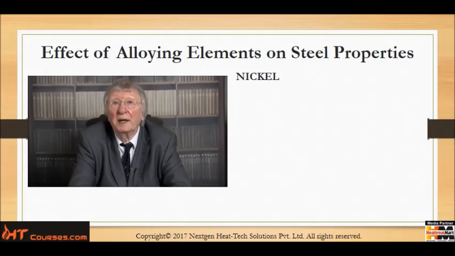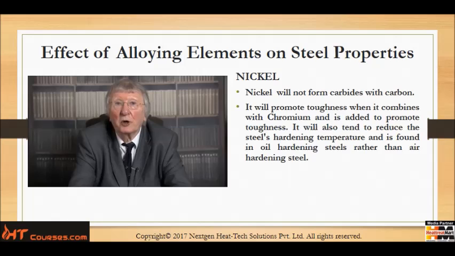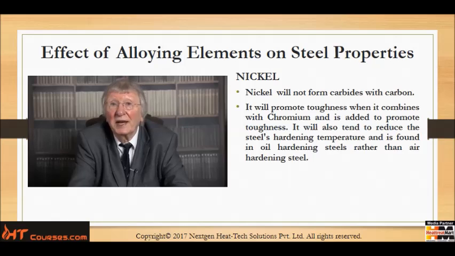Nickel. Nickel will not form carbides with carbon. The nickel will promote toughness when it's combined with chromium and is added to promote toughness. It will also tend to reduce the steel's hardening temperature and is found in a number of the oil hardening steels rather than in the air hardening steels.